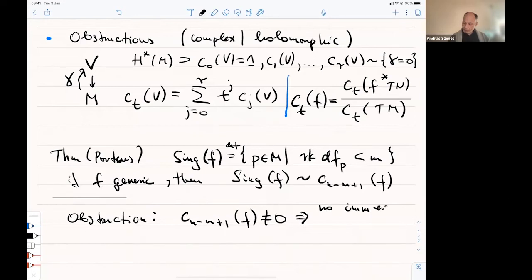No immersion in this homotopy class. Okay, so this is the language of our approach to the problem.